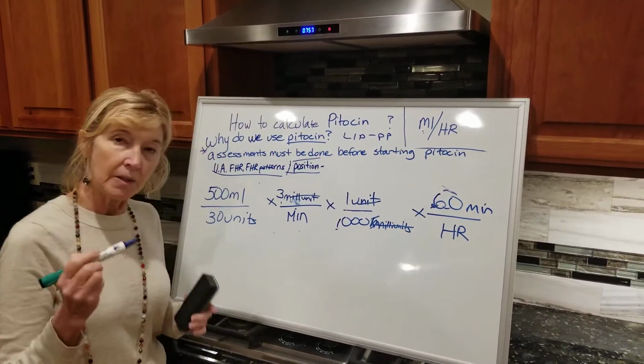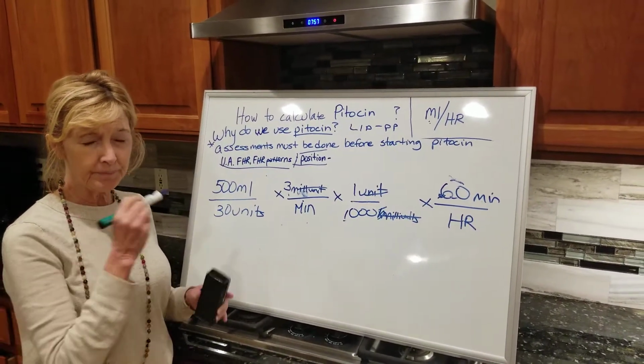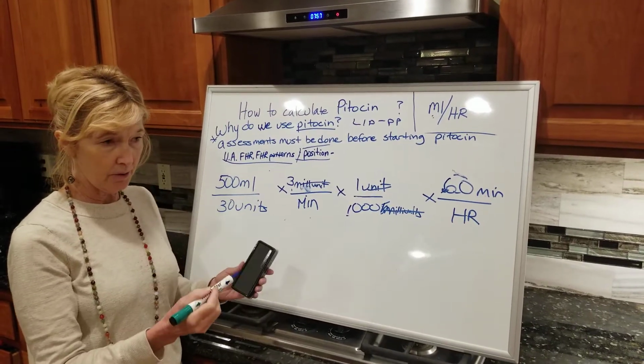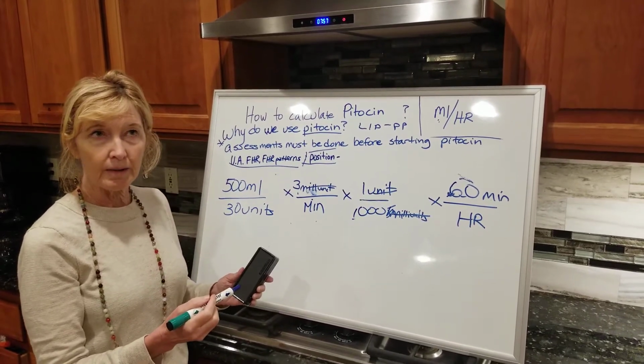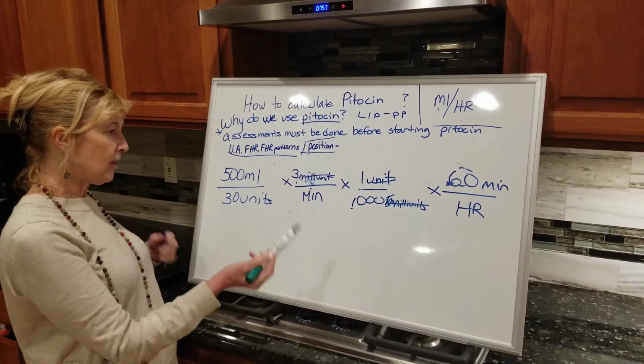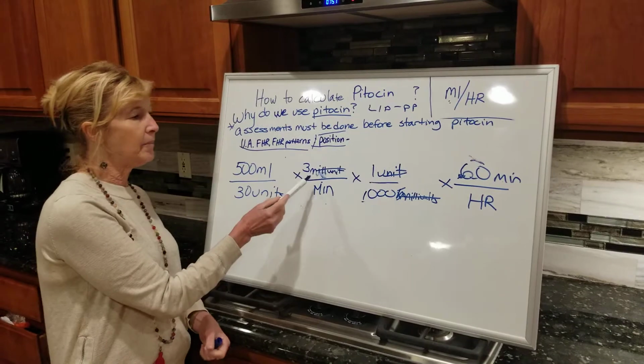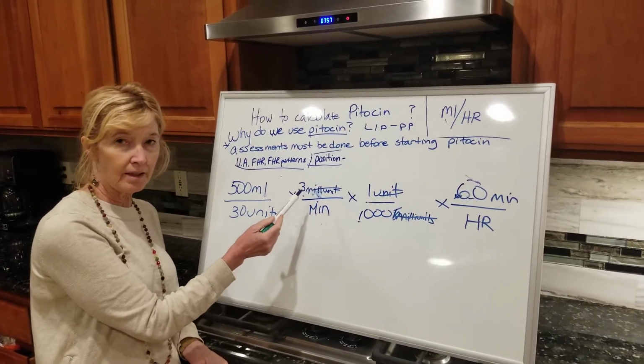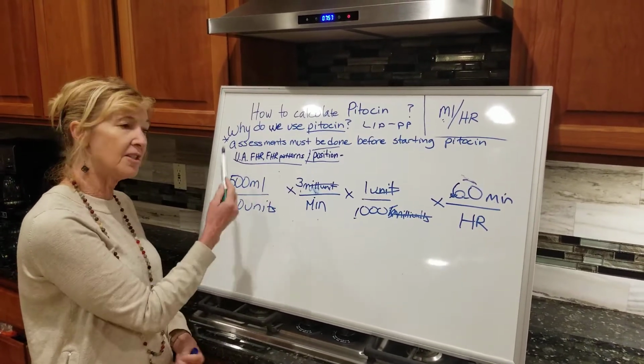Now there are calls to guide the nurses on how to increase the Pitocin. So let's go ahead and do that math. So we are bumping the Pitocin up because she's handling it well. The baby's doing great. The contractions are great.